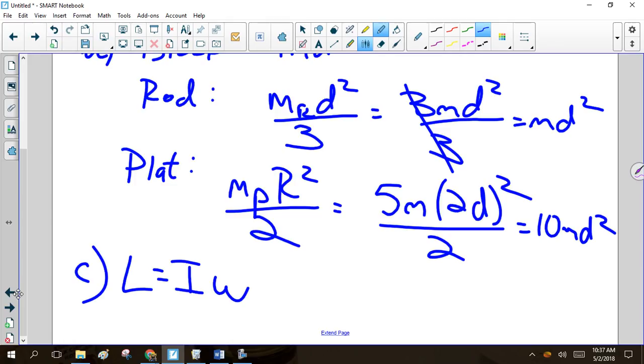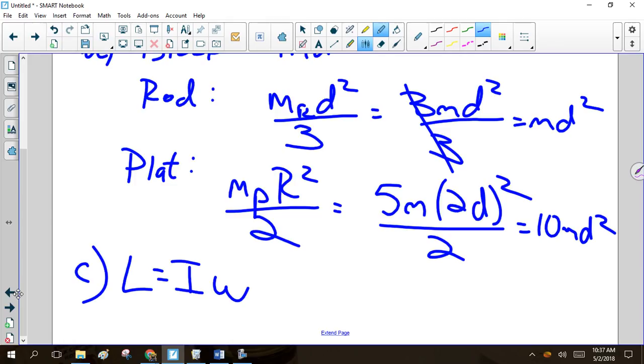What has to be true for it to be conservation of angular momentum? What has to be true for it to be conservation of regular momentum? No external forces, right? So what has to be true for it to be conservation of angular momentum? No external torques, right?